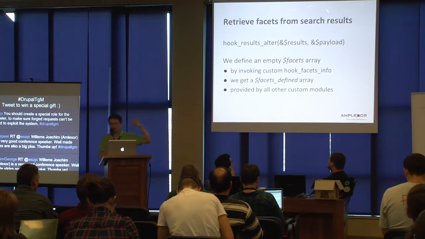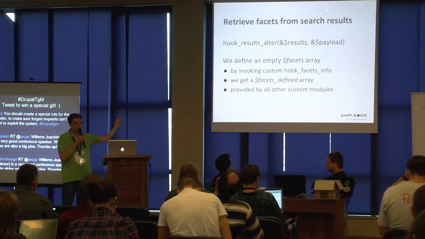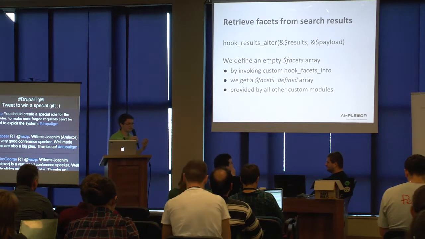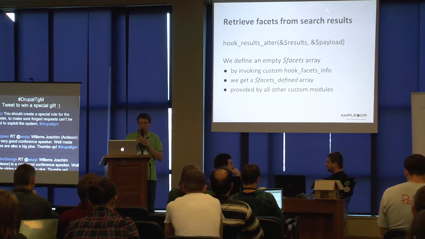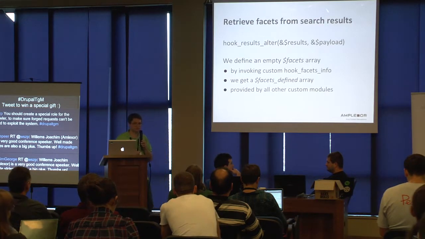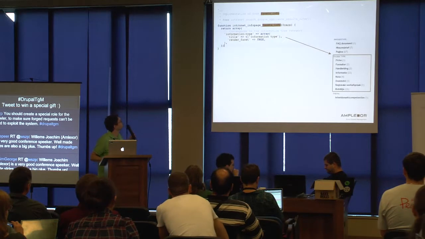For instance, one module uses a taxonomy, and it can decide to implement hook facets info to tell our intranet search model that this module is offering information that can be used in a facet, a filter. Then you can filter on that taxonomy on your search page. Very simple to implement it.